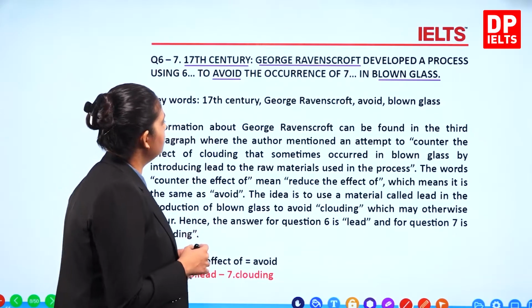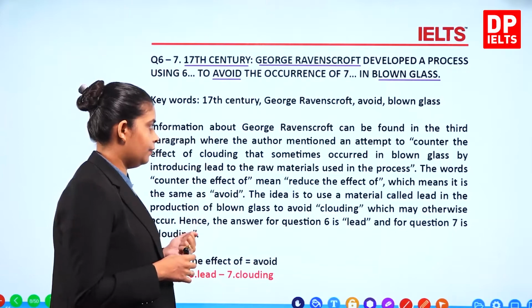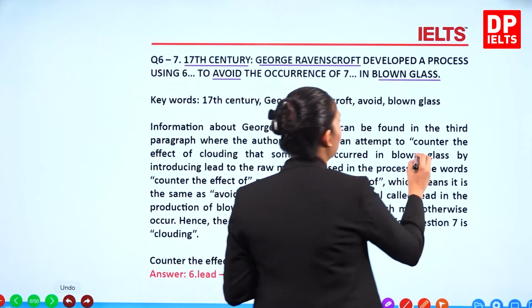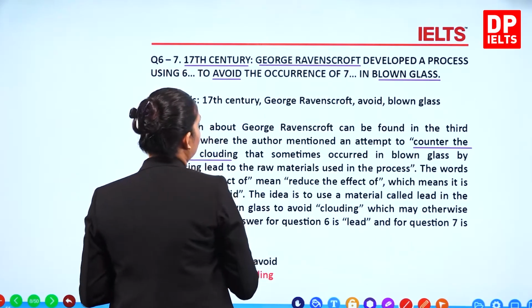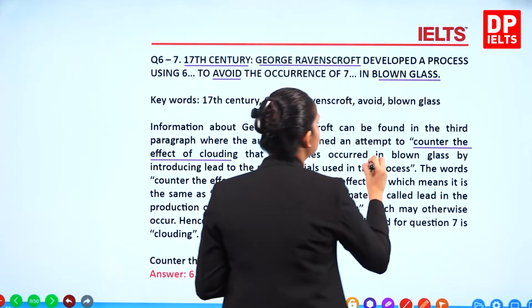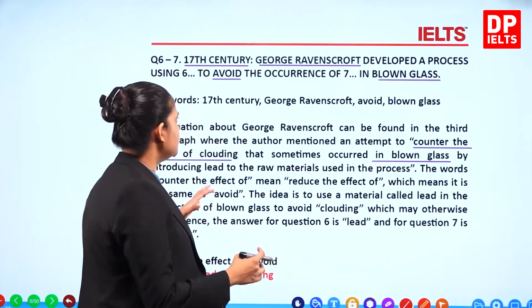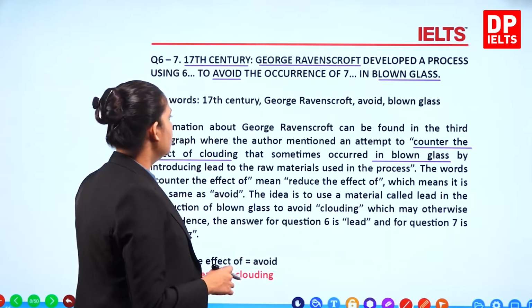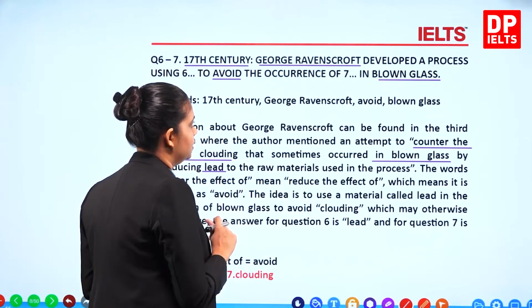So information about George can be found in the third para, right, where the author mentioned an attempt to counter the effect of clouding that sometimes occurred in blown glass. So what happened in blown glass? There was this clouding effect, okay?